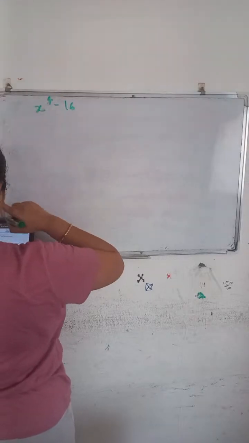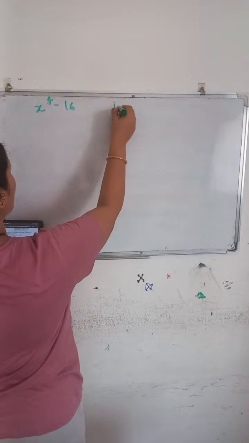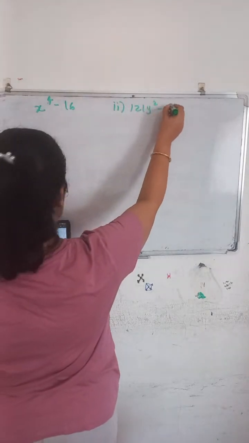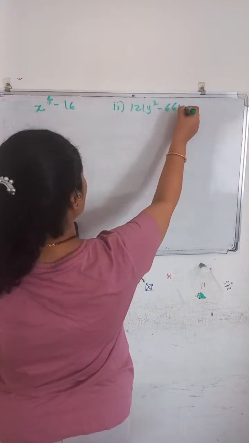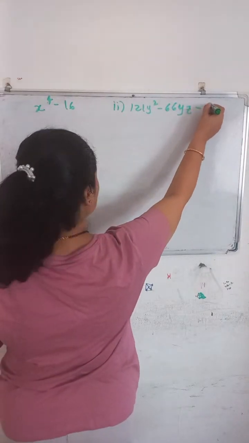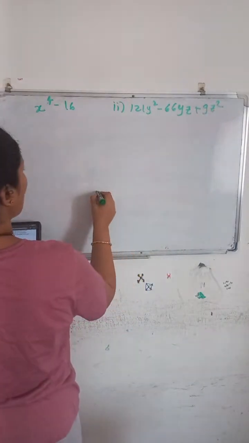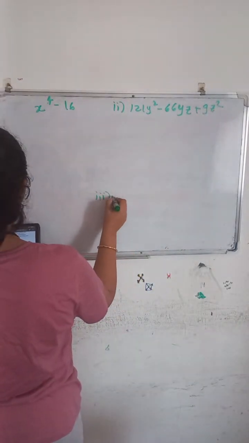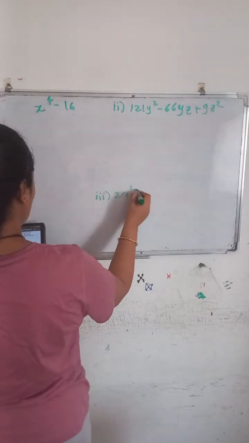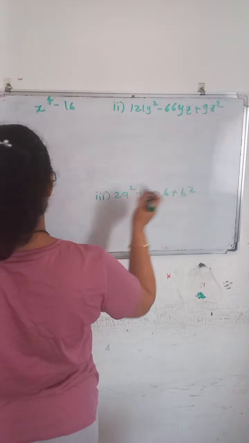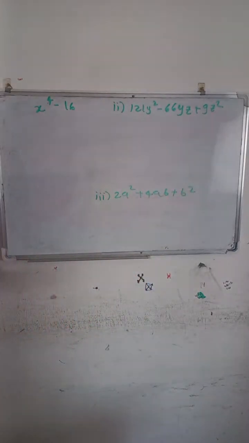The second one is 121 y square minus 66 yz plus 9z square. And the third they are asking is 2a square plus 4ab plus b square. We have to use the suitable identity and find the factors for this.